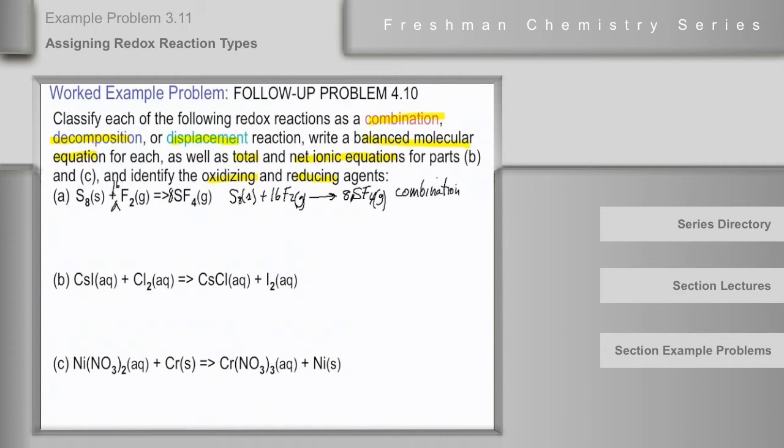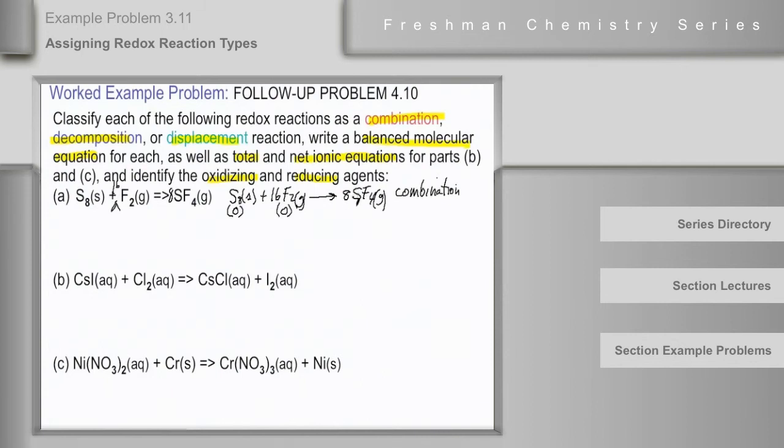The next thing we need to do, after having written the balanced molecular equation, which we've done here, is to identify the oxidizing agent and reducing agent. In order to do that, we'll write the oxidation numbers below the species here. Oxidation number of sulfur in the elemental form S8 is 0. It's also 0 for fluorine in the difluorine state, which is the elemental state.